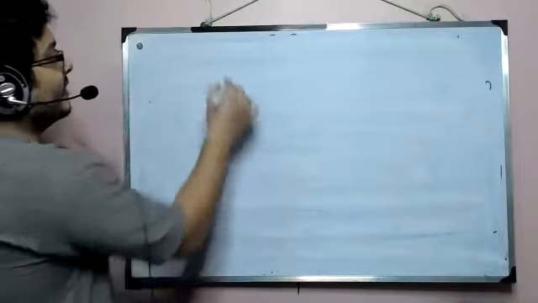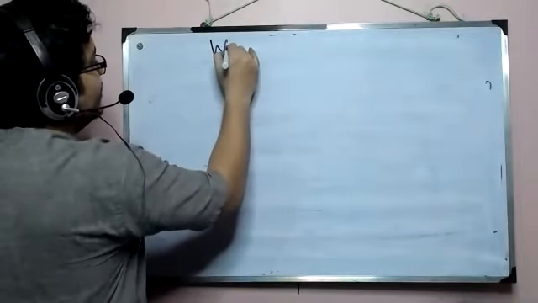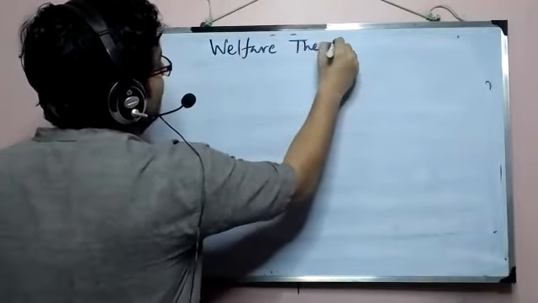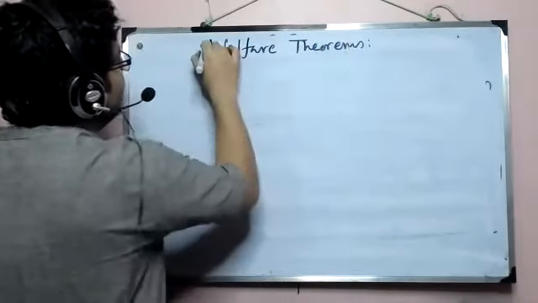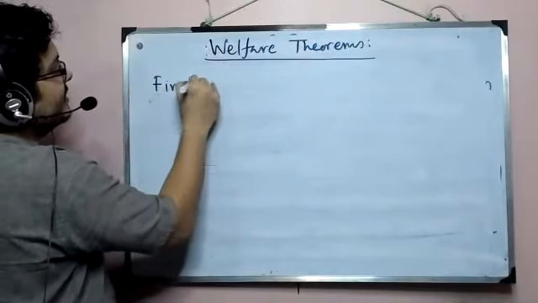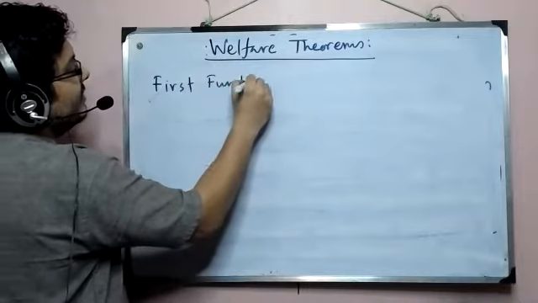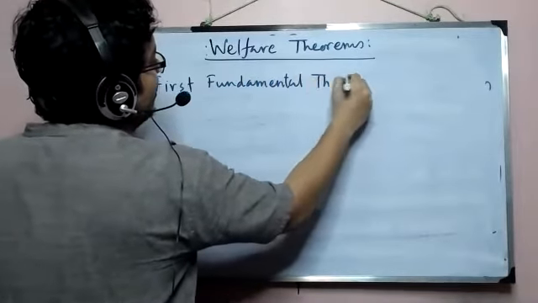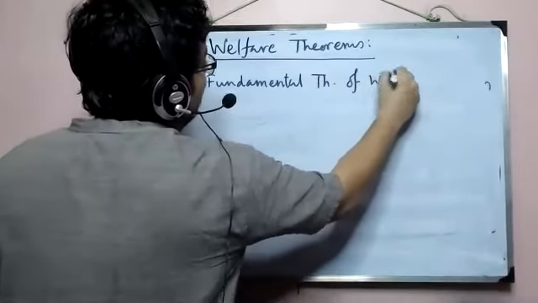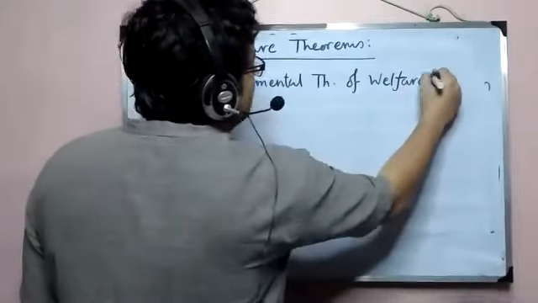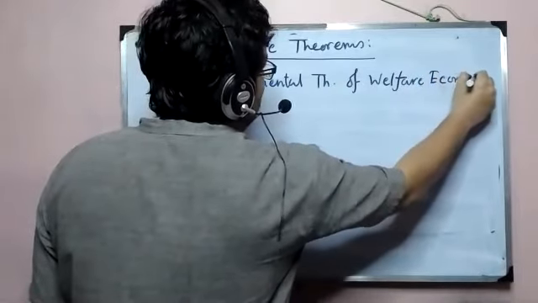So, welfare theorems, right? There are two. The first one is the first fundamental theorem of welfare economics, right? So that's quite long.